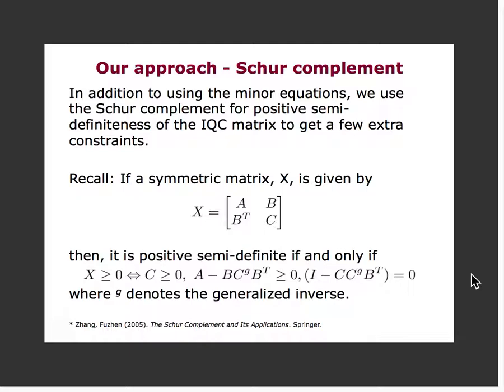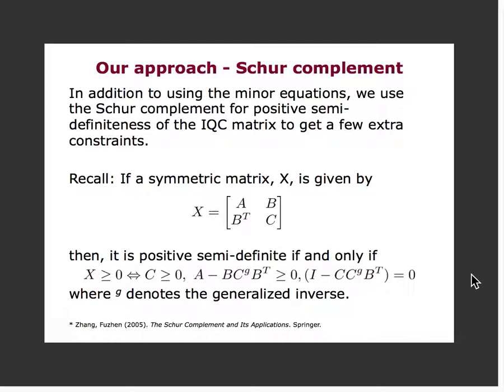So this should be like a curve inequality here, and A, B, and C satisfy this relation here, and C and B satisfy the relation here, where this small g means pseudo-inverse. So these matrices might not be invertible.